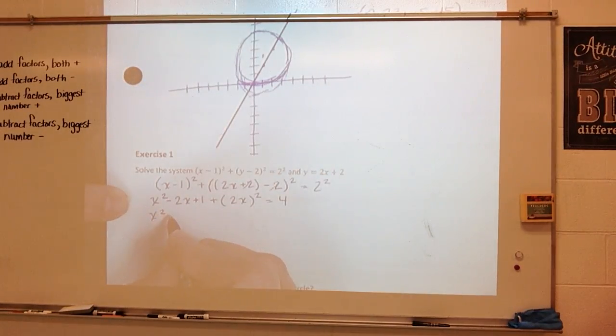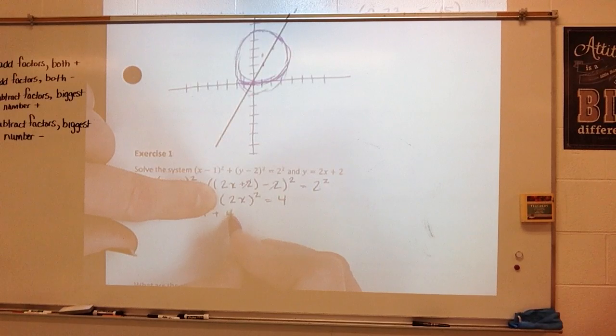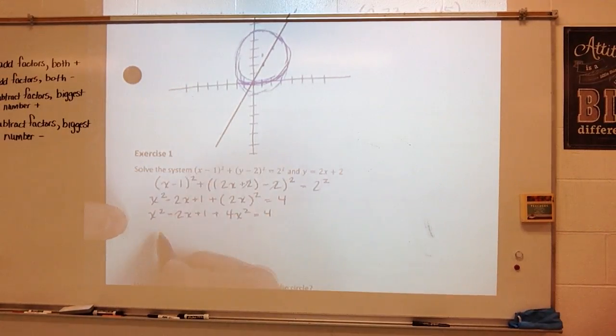So I get x squared minus 2x plus 1 plus, square this, I get 4x squared is equal to 4. Combine my like terms, so 5x squared minus 2x plus 1 is equal to 4.